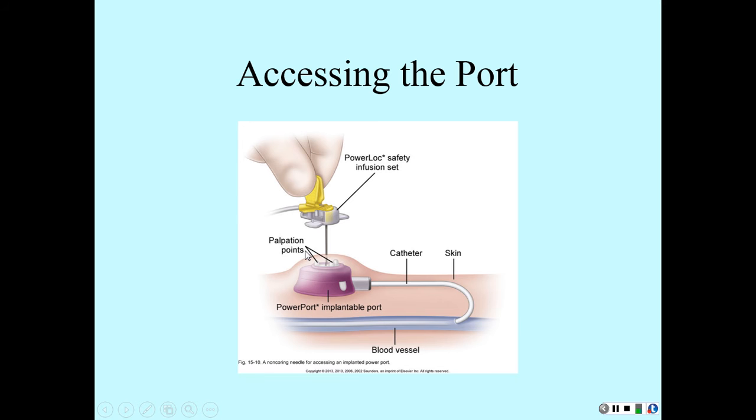This is a needle that is short. The needle may be bent at a 90-degree angle, but for these, you clean the site. Aseptic technique. You've got sterile gloves on, the whole nine yards. And then you are finding your port, stabilizing your port, and then you stick your needle straight down in the middle of it.